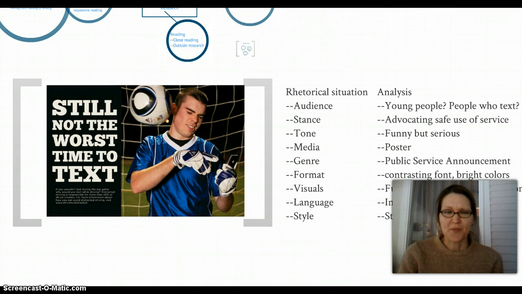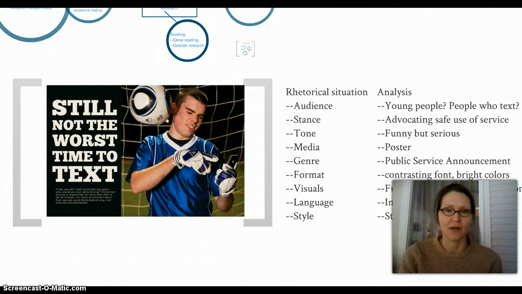What's their stance? What's their perspective on this? Well, they want people to be safe, right? Now, notice an important rhetorical element that the Easy Writer didn't make a big deal about, and that's author. Did you see the website that this public service announcement came from, or where you can go to get further information?